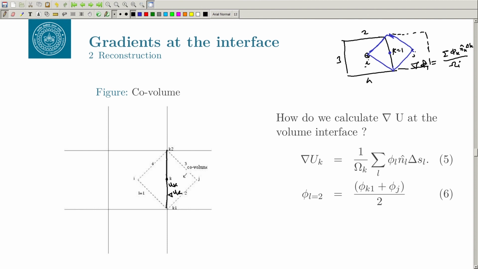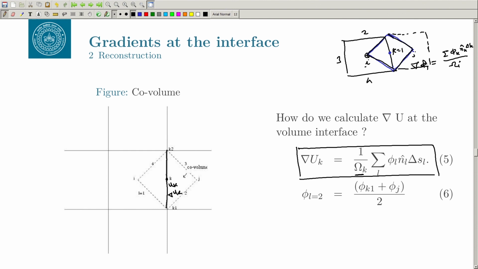Earlier you considered the actual faces of the cell volume. Now, since we want the value at k, which is the face center, we construct a co-volume or auxiliary volume and calculate the value at k using Green's theorem. In that case, your del u k, or del phi k, will look like this, where this phi k is divided by the volume of this co-volume.